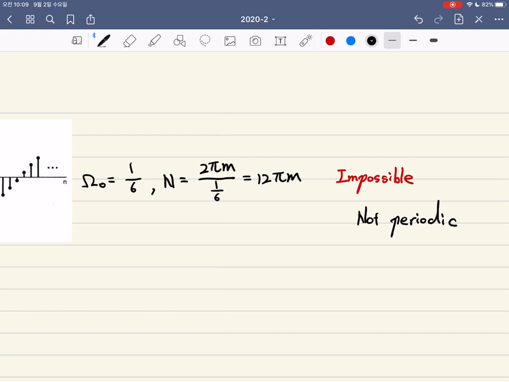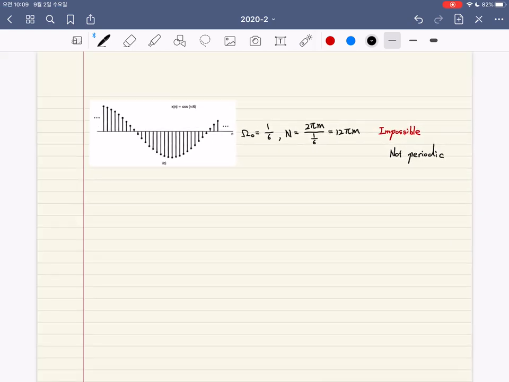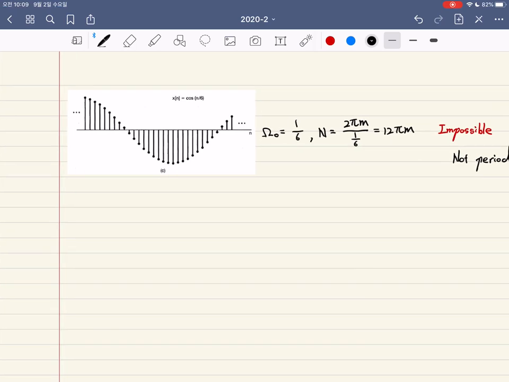Okay, so we have this kind of difference. In discrete time, not all signals are periodic. That was the main point. And I would like to compare some facts between the continuous time and the discrete time sinusoidal signal.